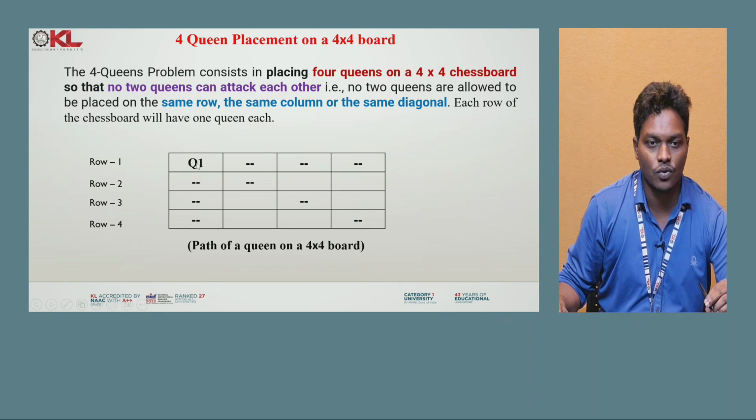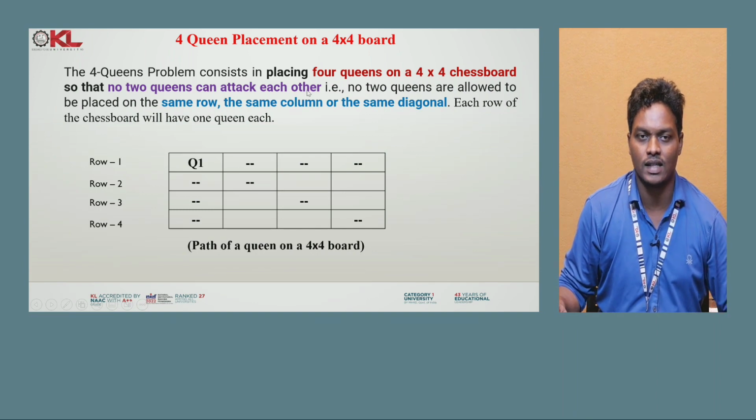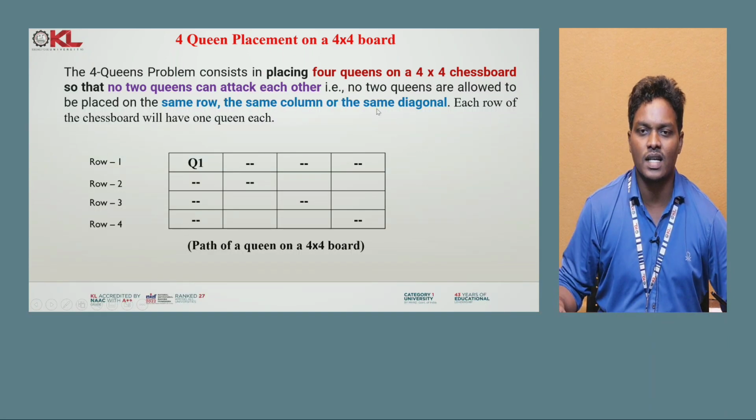We have to place 4 queens such that no 2 queens can attack each other. That is, no 2 queens are allowed to be placed on the same row, same column, and same diagonal. So this is the constraint here.